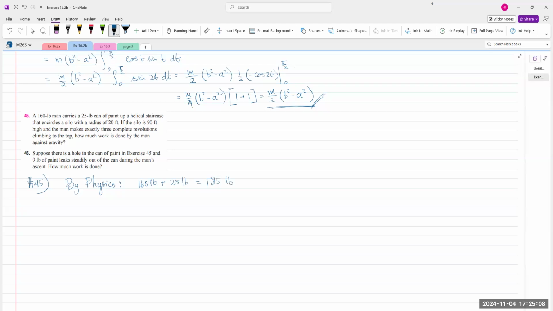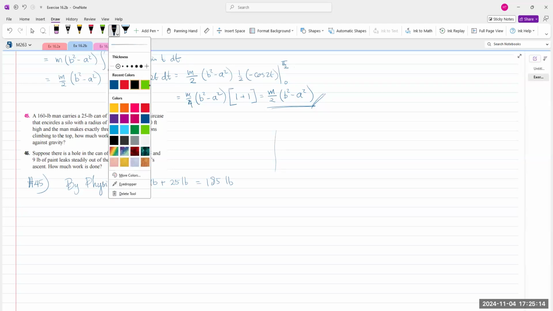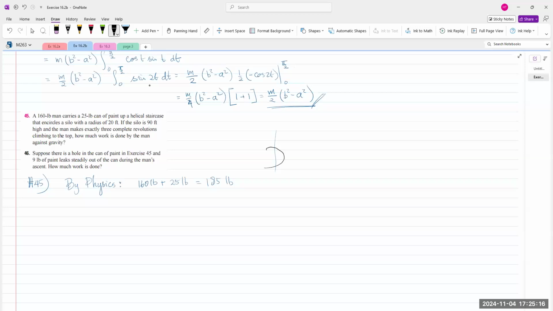And then you go up the helical staircase. So imagine you have a helical staircase like that, and the height is 90 feet. How much work is done?